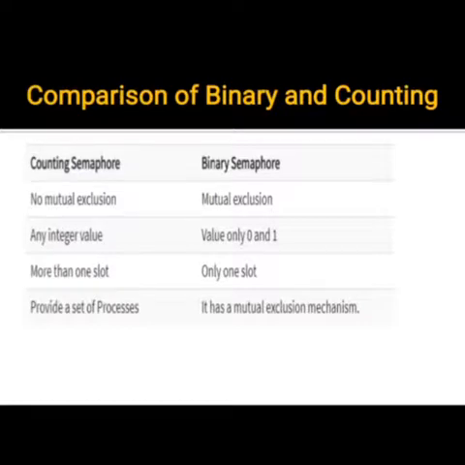In counting semaphore, no mutual exclusion. A binary semaphore can take only the values 0 and 1, but a counting semaphore can take any integer value. So in binary, only one slot; counting, more than one slot. That is the main difference between binary and counting semaphore.